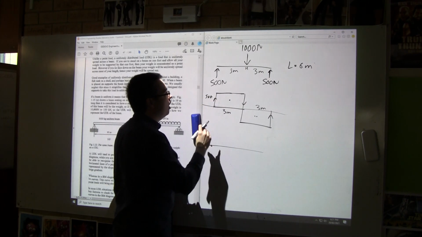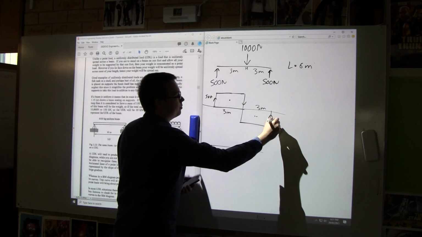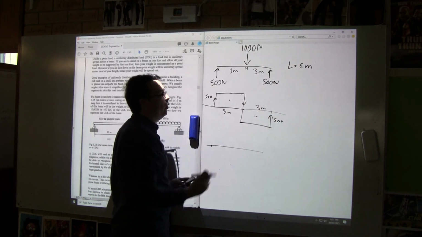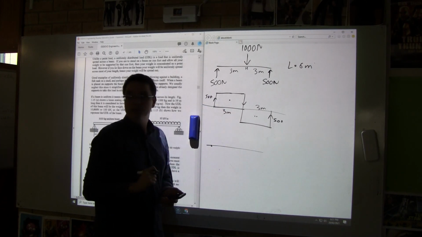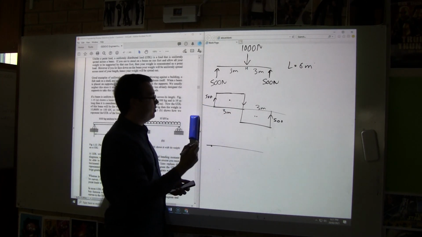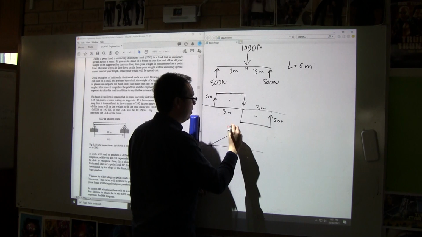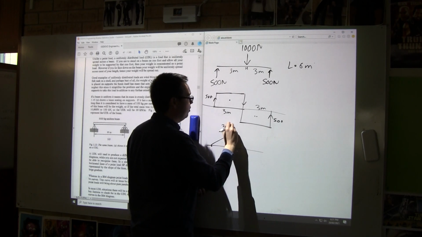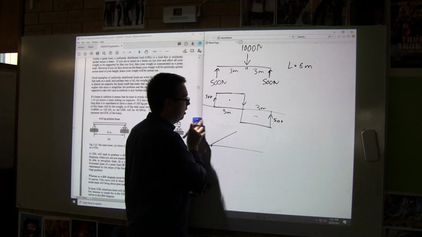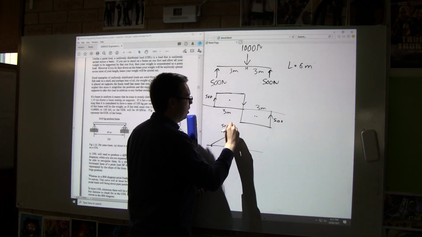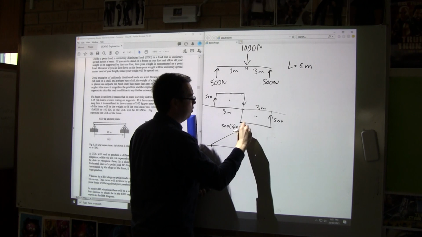So what we've got here, what is the area of block 1? We started at 0. 3 times 15 equals 1,500, so I'm going to write that as force times distance: 500 times 3 equals 1,500.